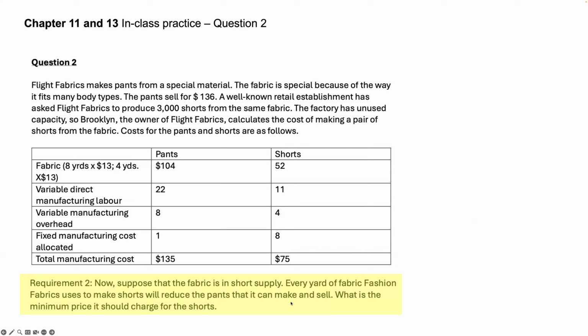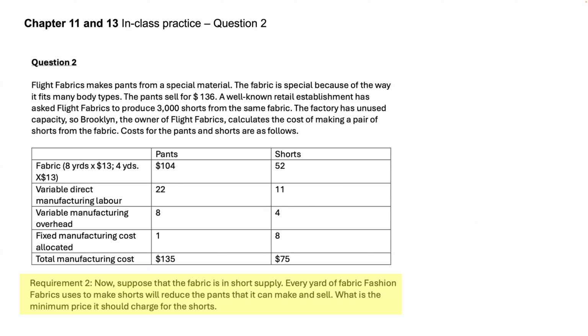What is the minimum price it should charge for the shorts? So this is the point. When you have insufficient capacity, that is the materials, if you use that material for shorts, you are not able to use it for pants.